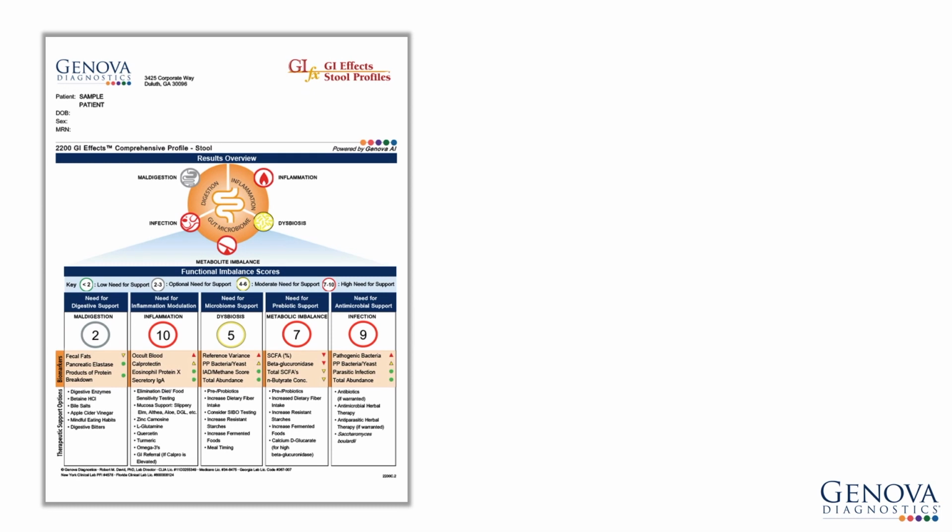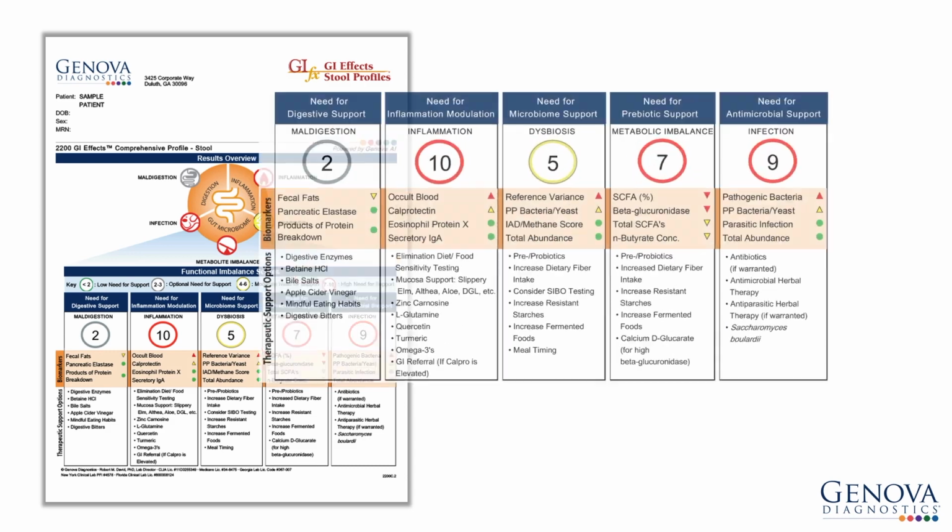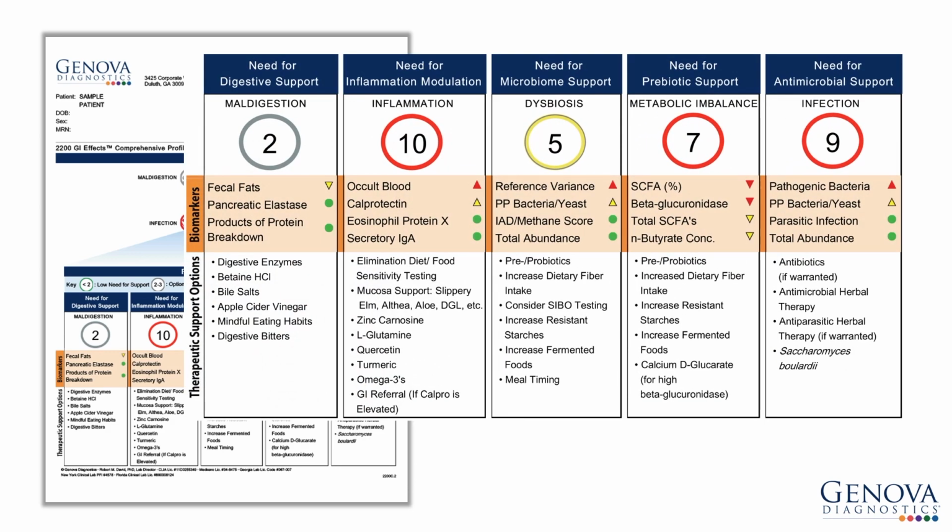Now we can come back to the front page and summarize the recommendations for this patient. The priority would be to address the infection. Some clinicians may choose antibiotics, while others may use antimicrobial herbal therapy. With antimicrobials that may disturb the microbiome and create more of a dysbiosis, probiotics and prebiotics may also be considered.